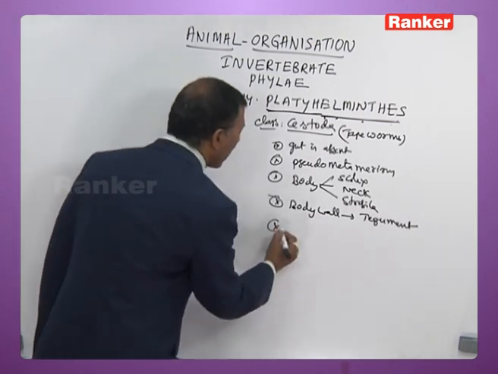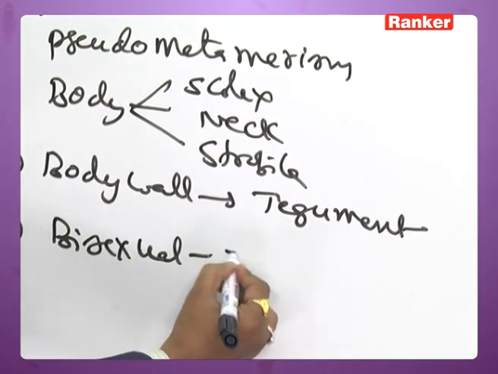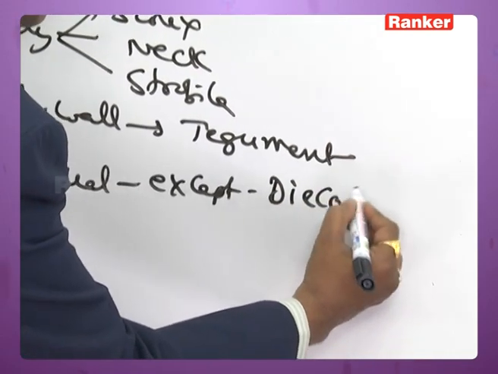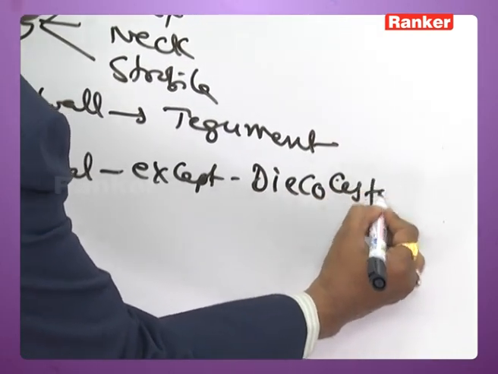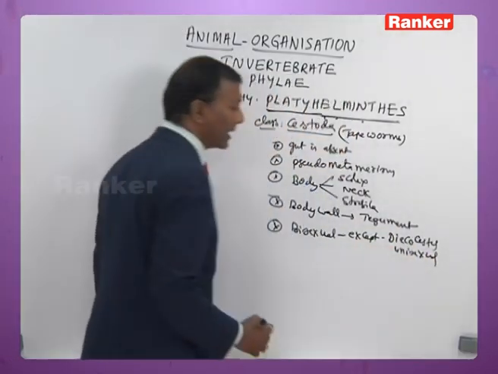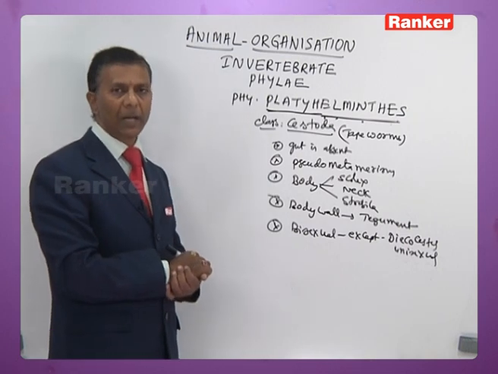And all tapeworms are bisexual except Diecocestus, which is unisexual. Except a tapeworm Diecocestus, which is unisexual, rest of the tapeworms are bisexual.